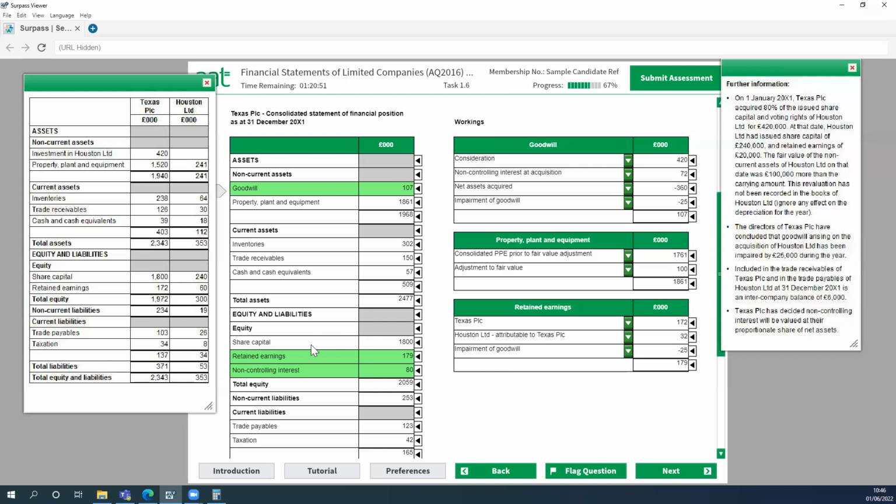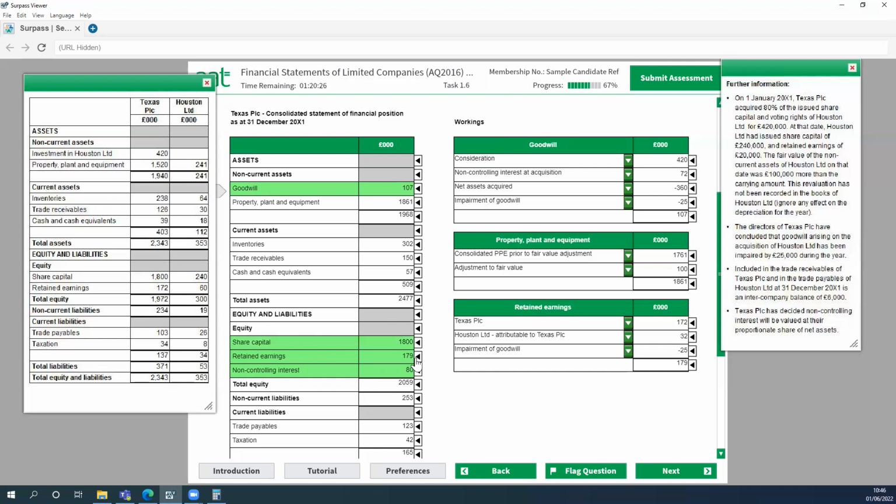Now your share capital, well, this is where the students tend to struggle. The share capital of Houston, we've already accounted for that, the 240 and the 60. We accounted for it when we did the goodwill and non-controlling interest, didn't we? So all we do when it comes to the consolidated statement of financial position is take the share capital of the parent, so 1800.